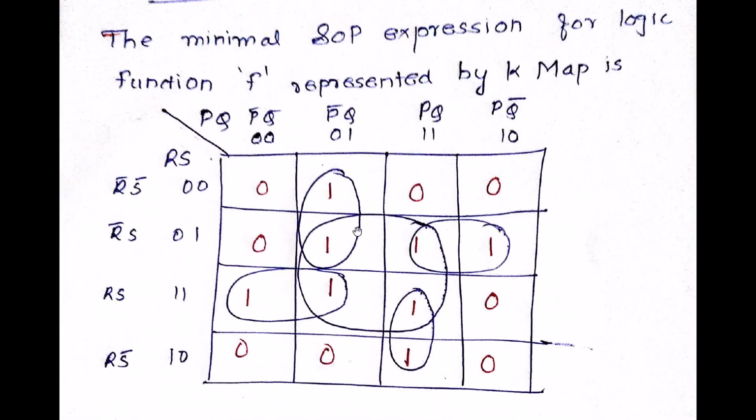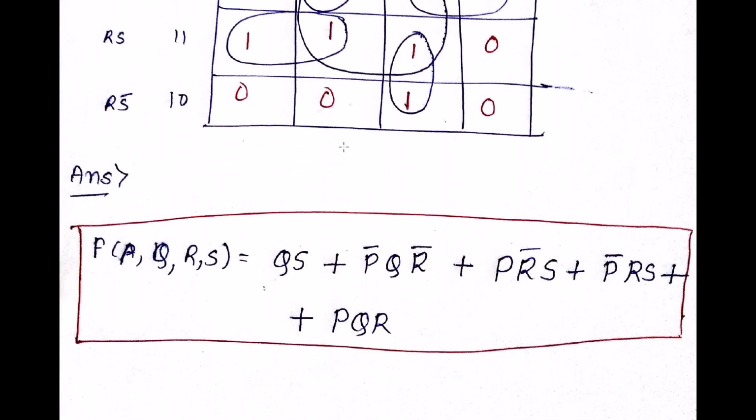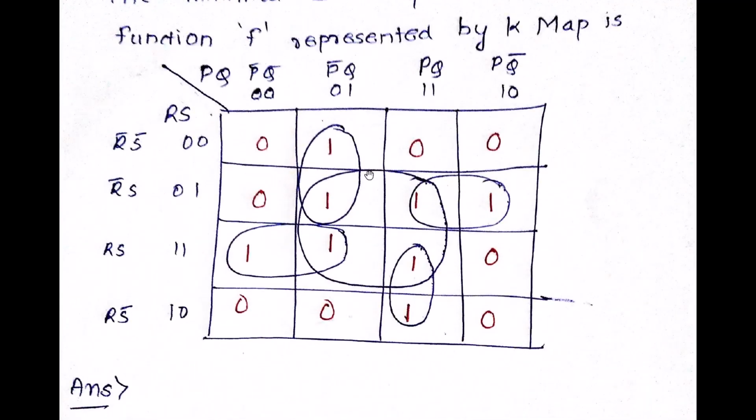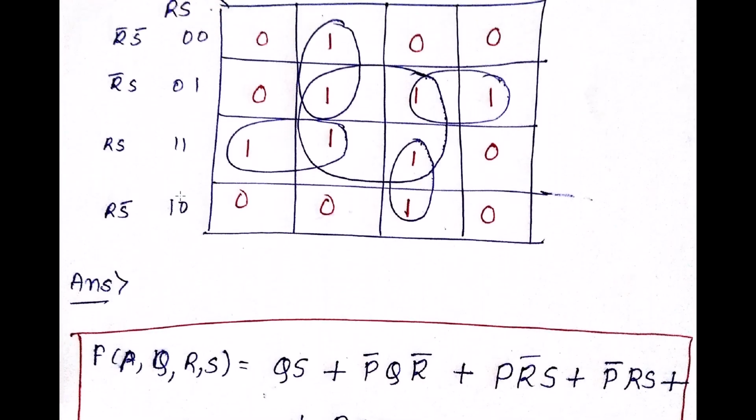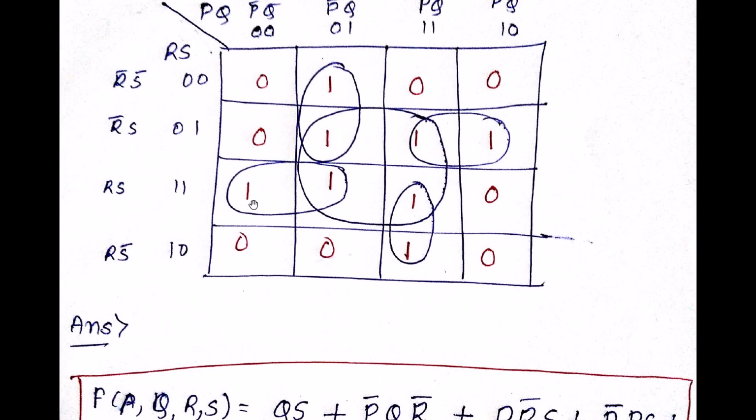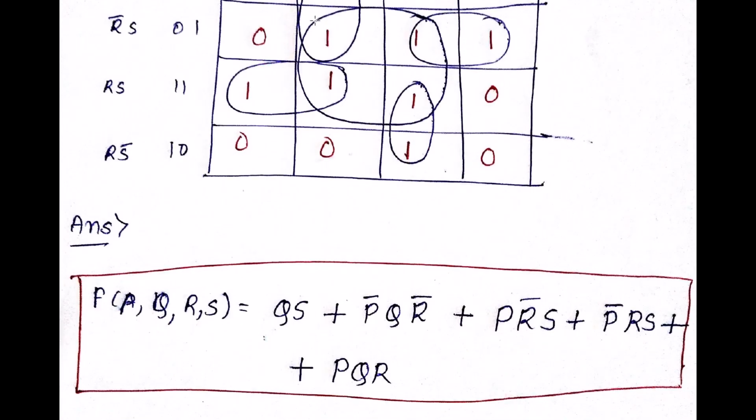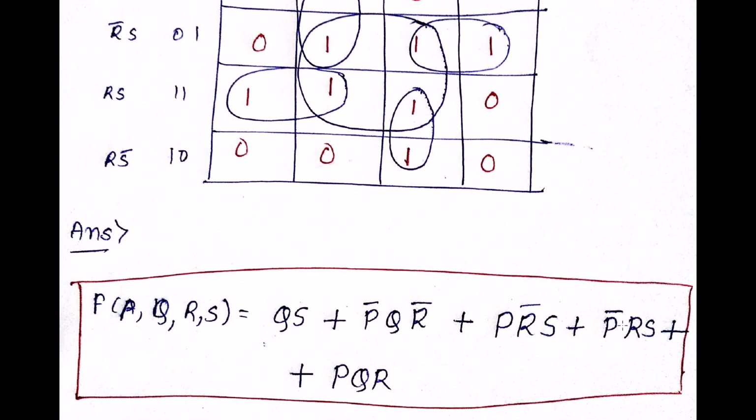Next, if you see, grouping of ones will be, it's the SOP, sum of products. So for this 2, we have P bar, Q, R bar. Next we have for this 4 ones as Q into S. Then for this 2 ones we have R, S and P bar.